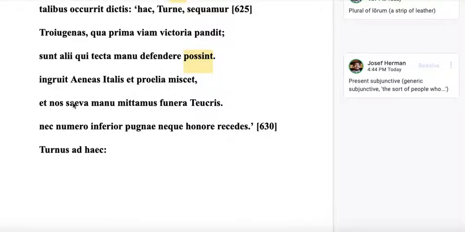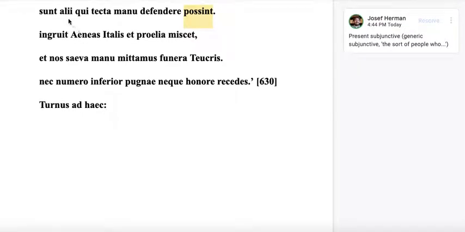And then she says, sunt alii. Now, sunt here doesn't just mean they are, it means there are. In other words, we have other people. So there are others. Sunt alii. There are other people who can, okay, possint means who are able.